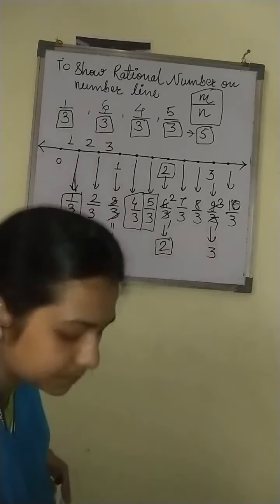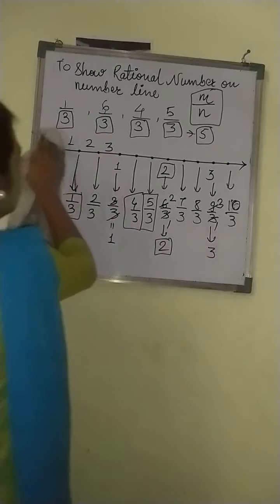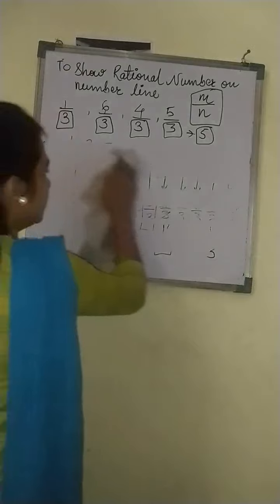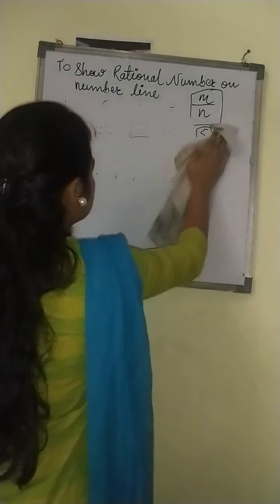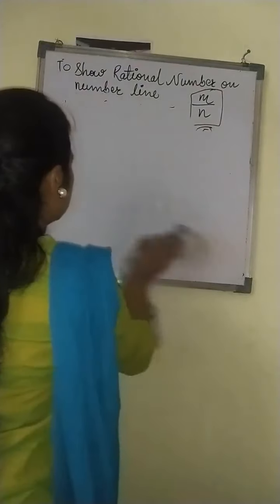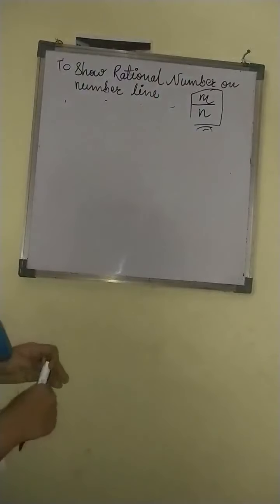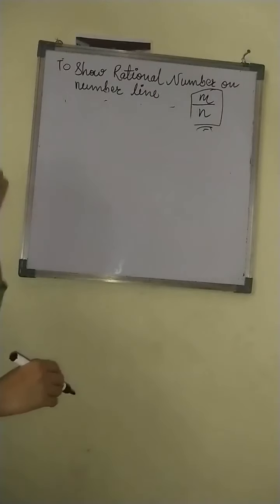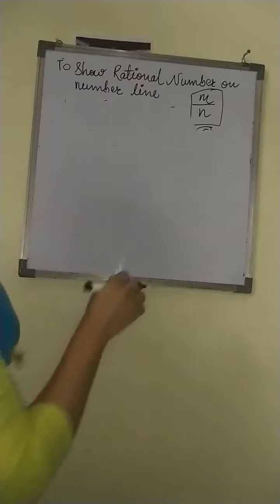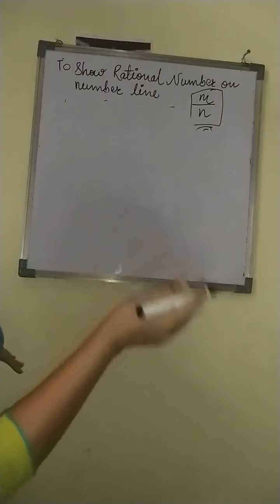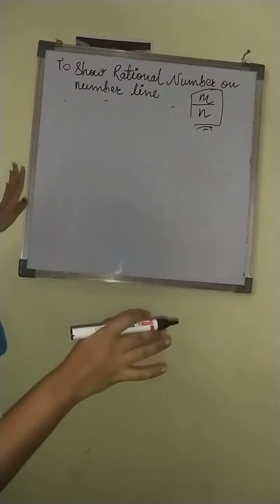Understood? Now I'll show you one more so that you can get it easily. Should I do it for 2? Why? Because the board is very small. If I put 5, it will not fit on this board.